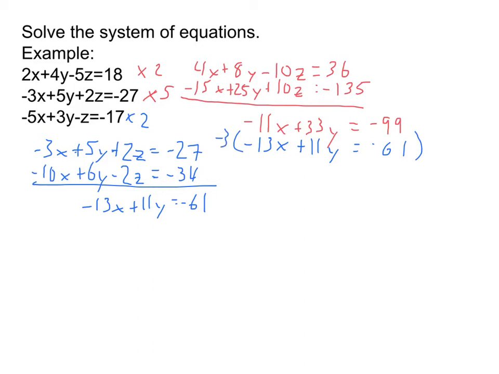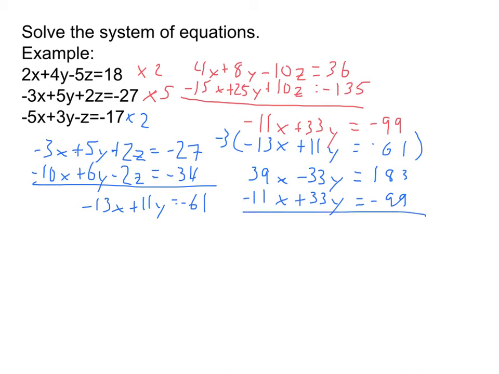So that'll give me a positive 39x minus 33y equals, let's see, 60 times 3, 6 times 3 is 18, so 180, plus another 3, 183. So this is a positive 183, and I'm going to add that negative 11x plus 33y equals negative 99 to that.